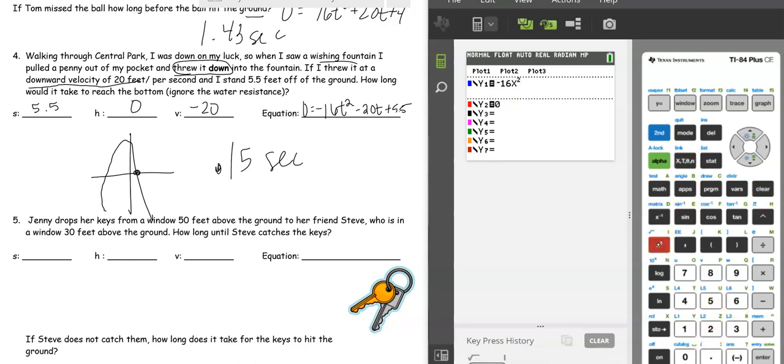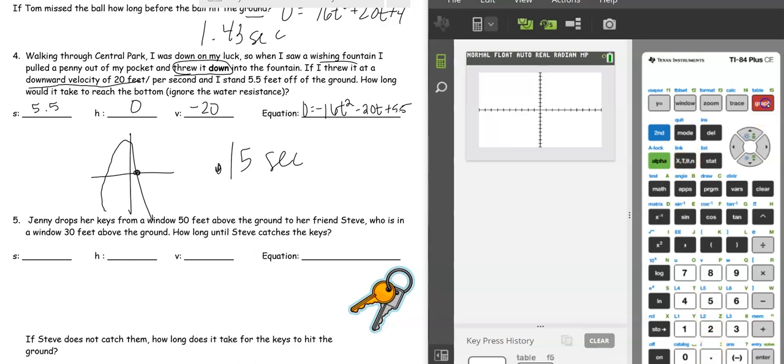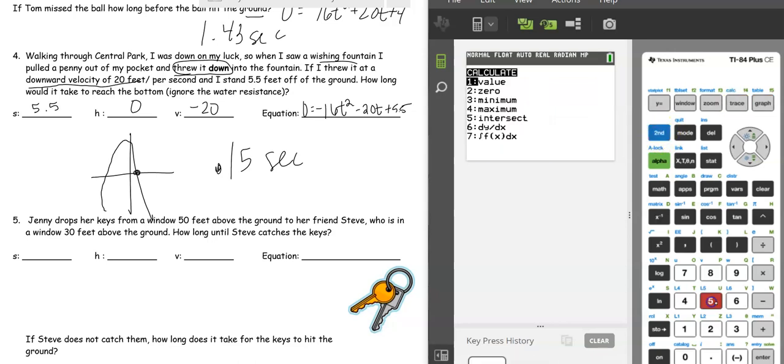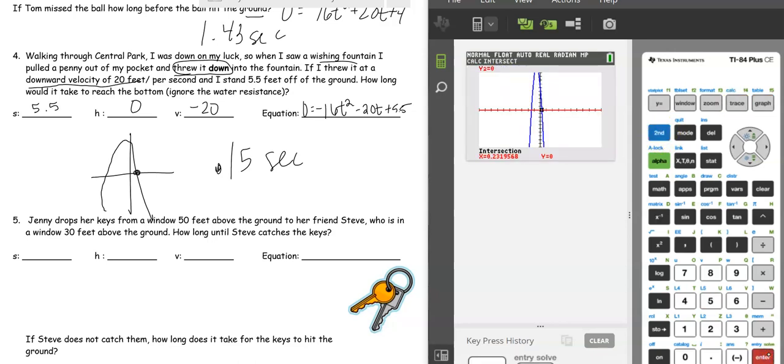Let's try this again. My answer key is completely different from this. There we go. That looks so much better. Second trace 5, enter, enter, enter. It is not 0.15. It is going to be 0.23. I apologize. I put in my problem wrong.